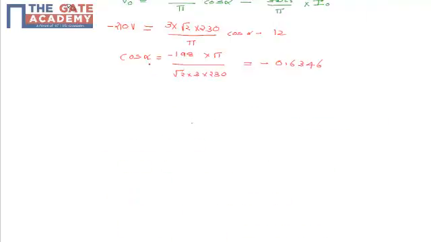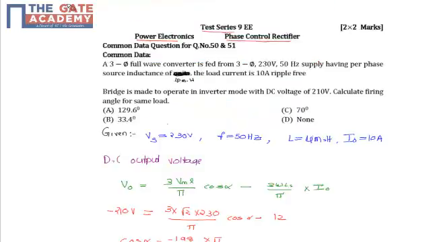To find the firing angle, alpha is equal to cos inverse of minus 0.6346. Then the value of firing angle alpha is 129.39 degrees, which is nearest to option 129.6 degrees, that is option A.